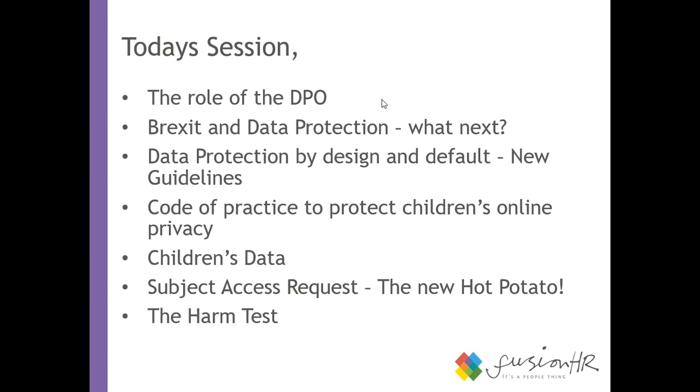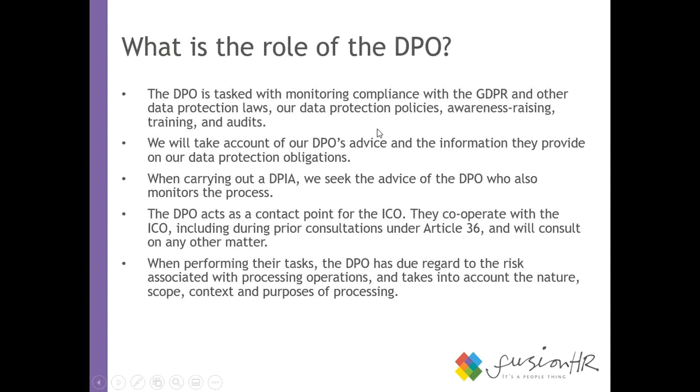Children's data in general, that's pretty much a given in education. Subject access requests, as it says there, the new hot potato. Everybody is now exercising their rights to obtain copies of their information, what we should be doing, how we should be handling that, and what we can do to protect schools and children. And having a look at the harm test, something that's really useful for the education sector that isn't commonly documented anywhere.